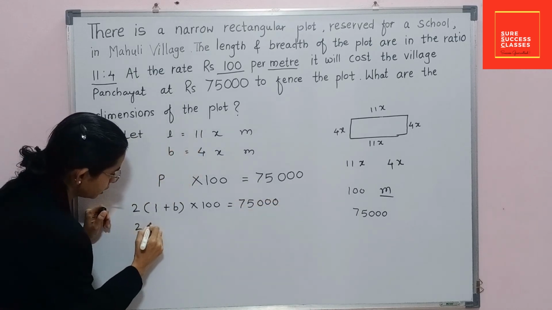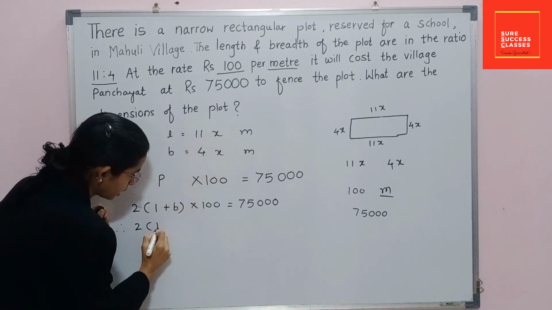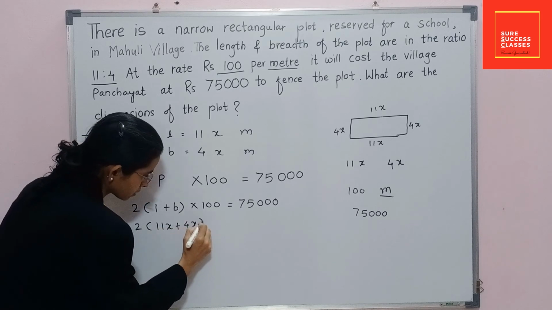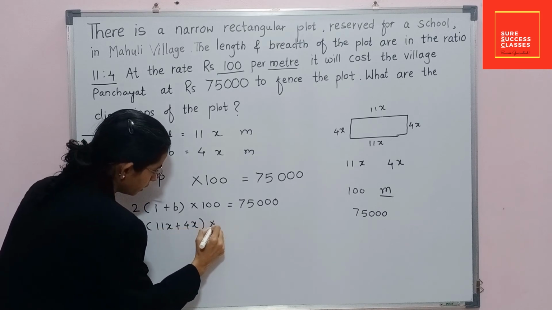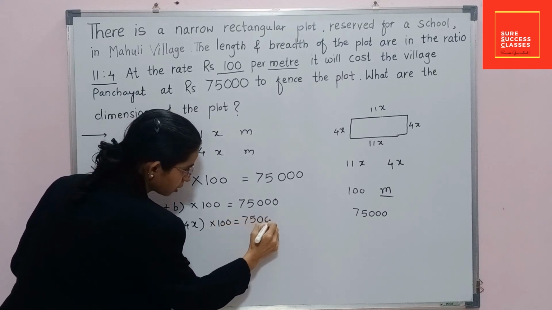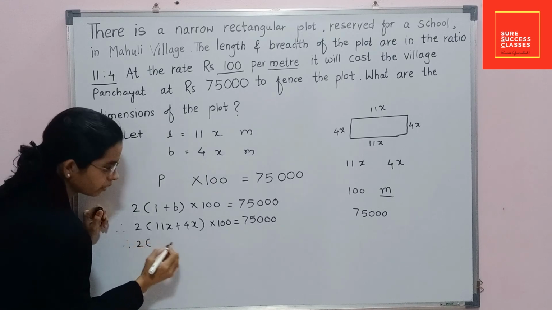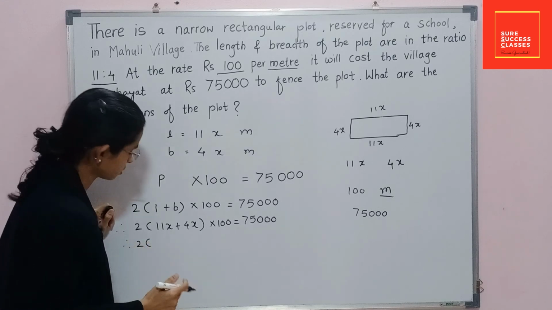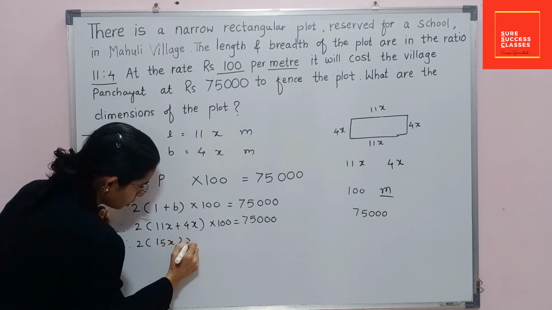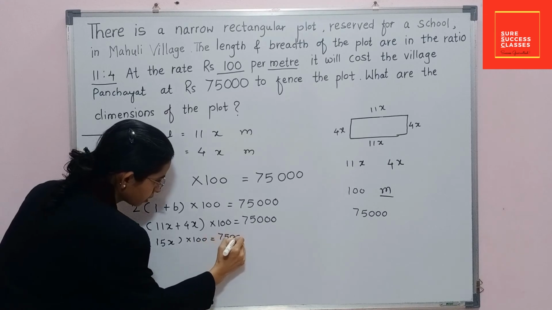We will put here length is 11x for this question and breadth is 4x into 100 is equal to 75,000. Here 11x and 4x is nothing but 15x into 100 is equal to 75,000.